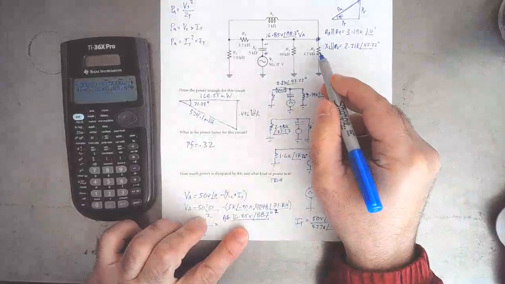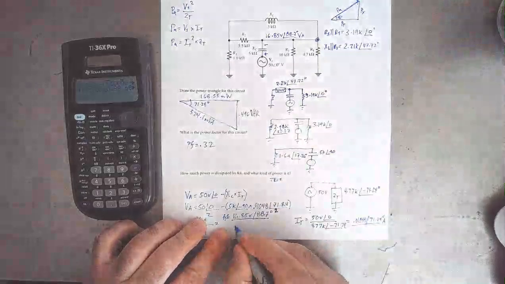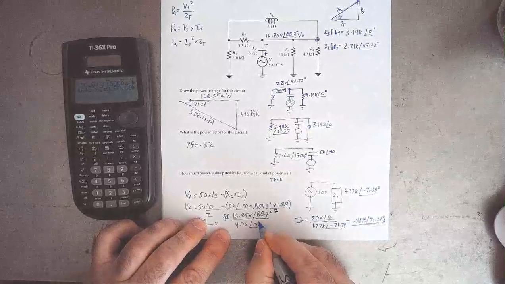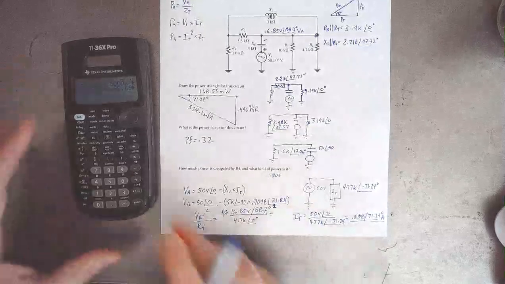Stuttering left and right here. And then we got 4.7K at 0 degrees right here. So let's see what we get.